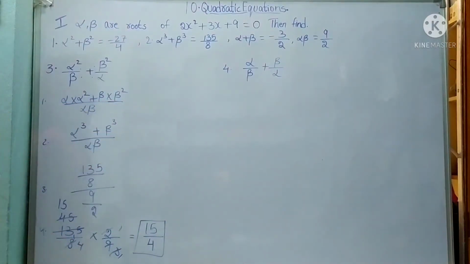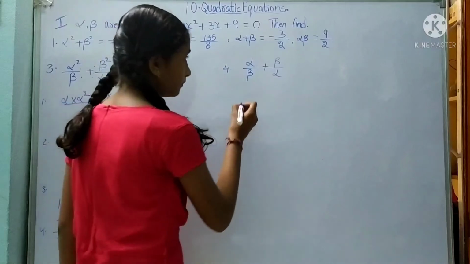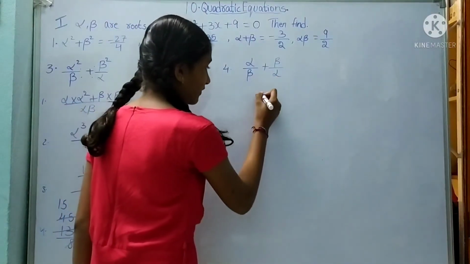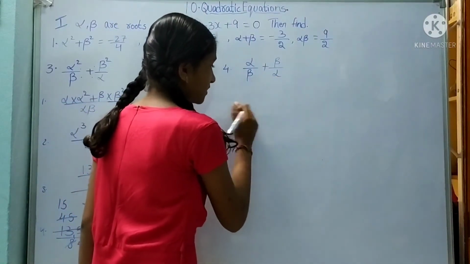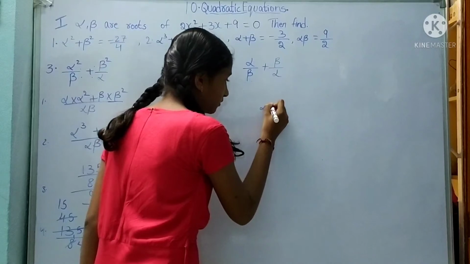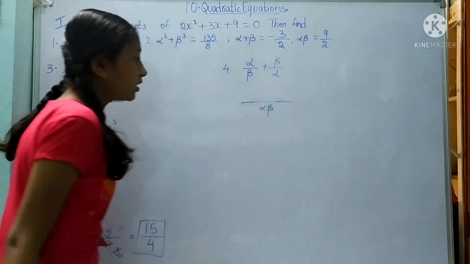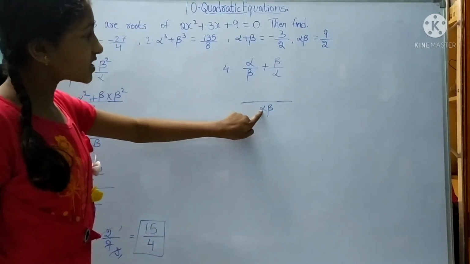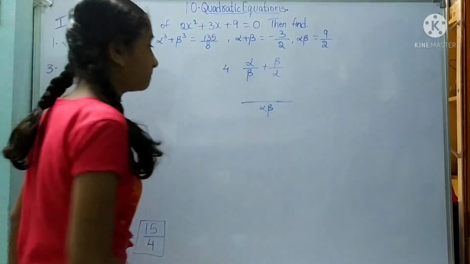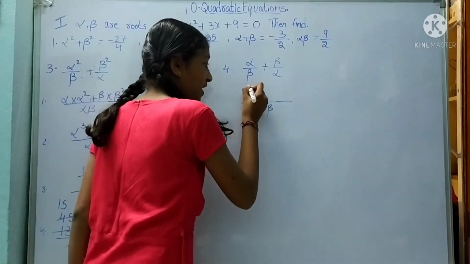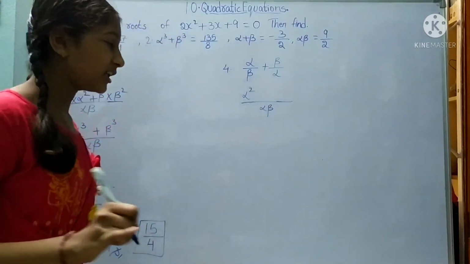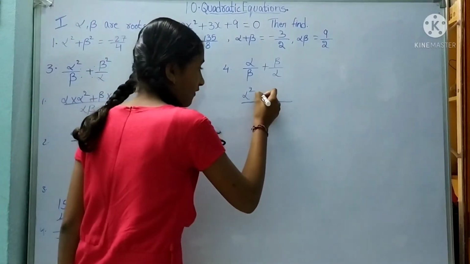See here. Beta into alpha. So alpha beta. So write some a little bit down. So now beta is there, so alpha is not there. So alpha into alpha, alpha into alpha is alpha square. Okay. So directly I am writing here. Alpha into alpha is alpha square.